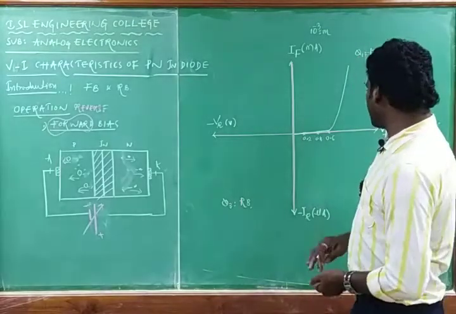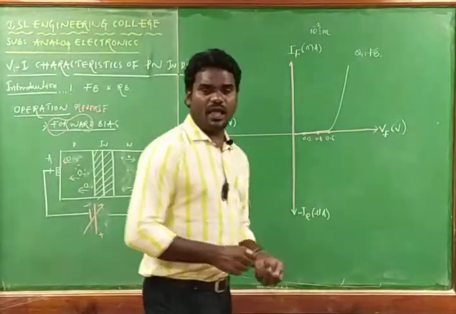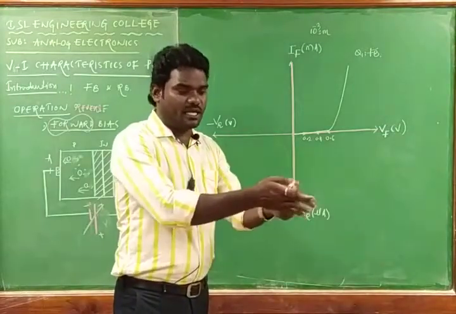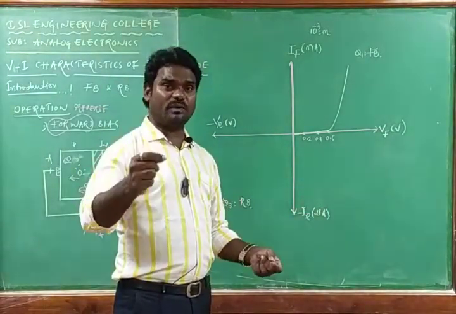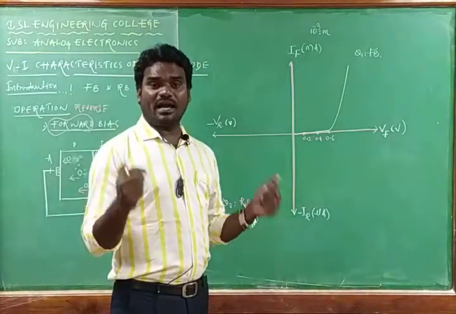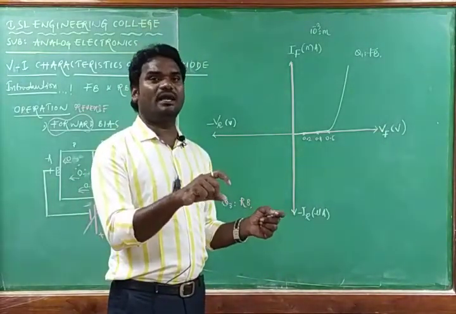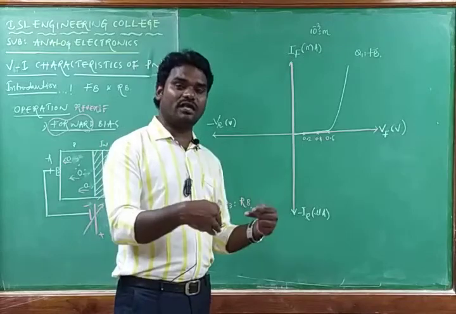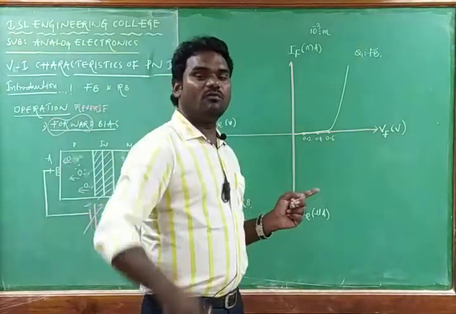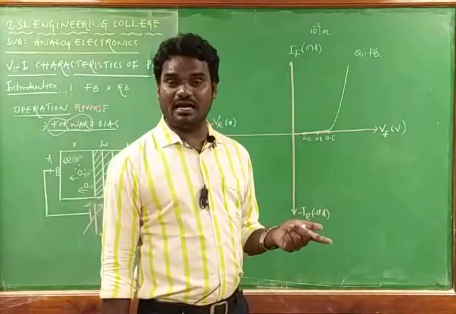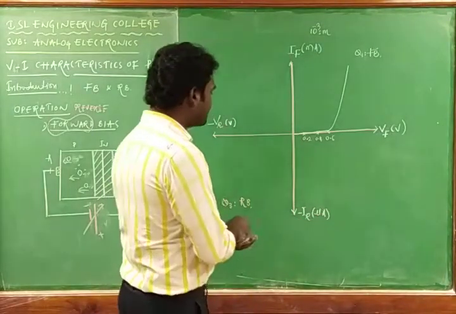Now in reverse bias mode, as you apply more voltage, the depletion region keeps increasing, but at one particular reverse bias voltage, the minority charge carriers in the p-type semiconductor, that is electrons, get more energy from the external DC voltage. Due to the tunneling effect, they move across and conduct a very small amount of current.